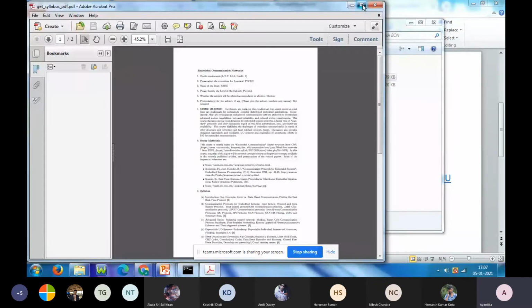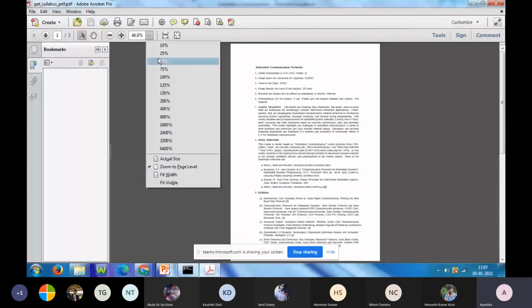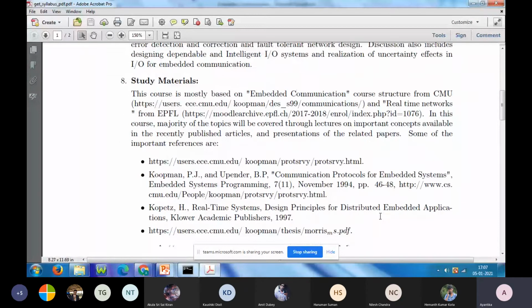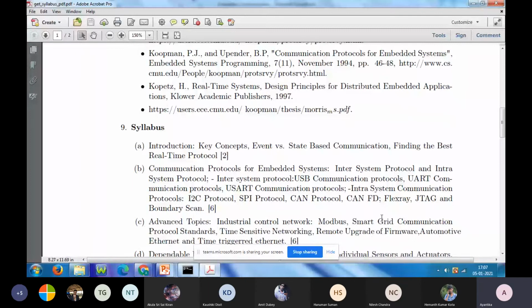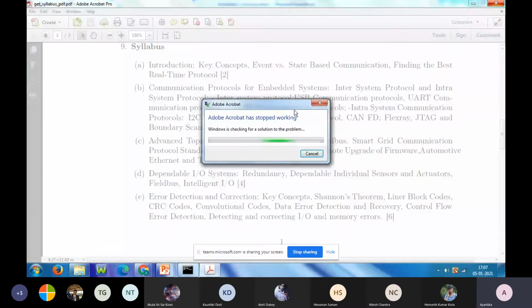So this is the overall course syllabus, where we will be talking about the challenges of real-time protocols, then a few communication protocols related to embedded systems. Then we will move to some advanced topics.